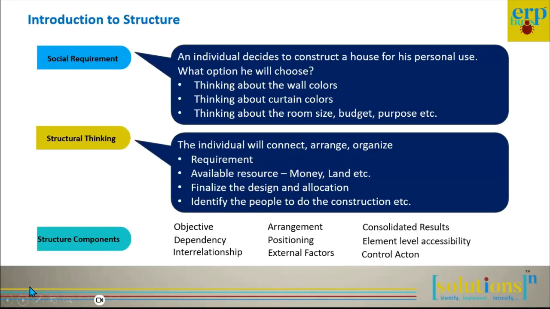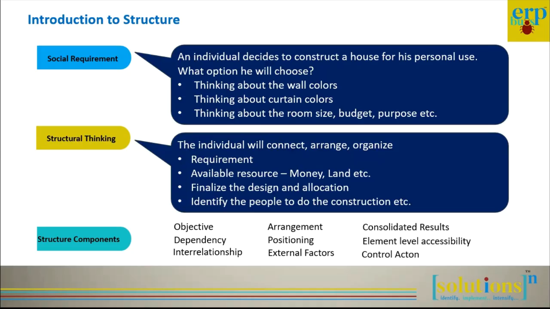So what is the structure? Just take an example that an individual wants to construct a house for his personal use. What options will he choose? If you look at the options that are provided, what option is relevant for his objective of getting a house constructed?